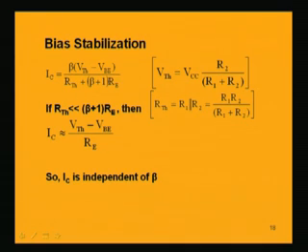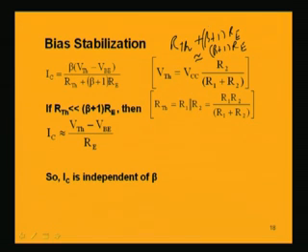So, then this expression boils down to IC almost equal to (V Thevenin minus VBE) by RE, because beta by beta plus 1 will cancel, since we are writing R Thevenin plus (beta plus 1) into RE approximately equal to (beta plus 1) into RE, ignoring R Thevenin since it is very small compared to the whole term (beta plus 1) into RE.